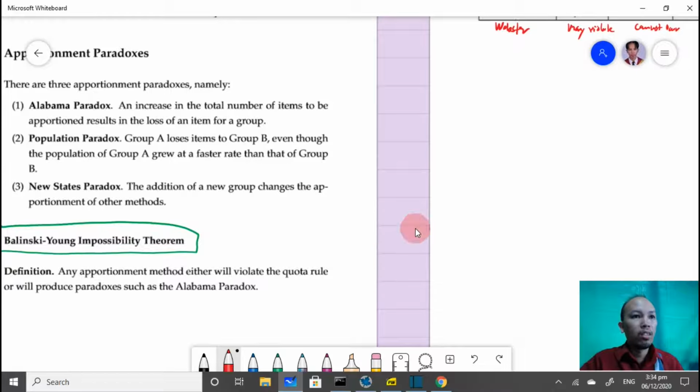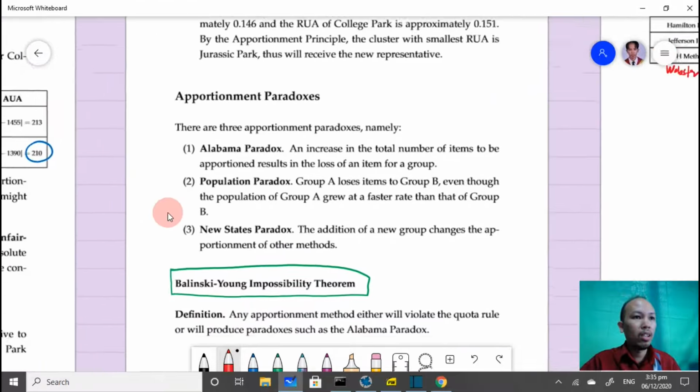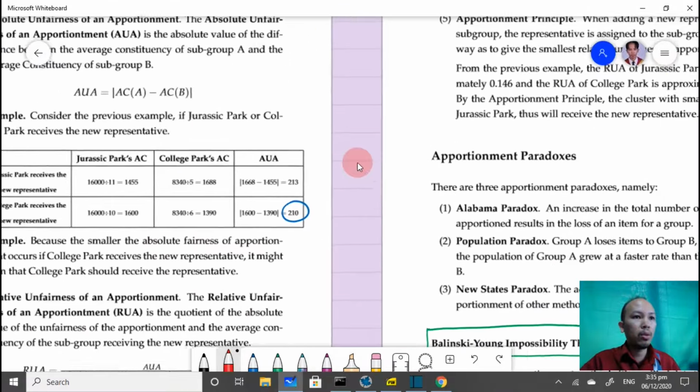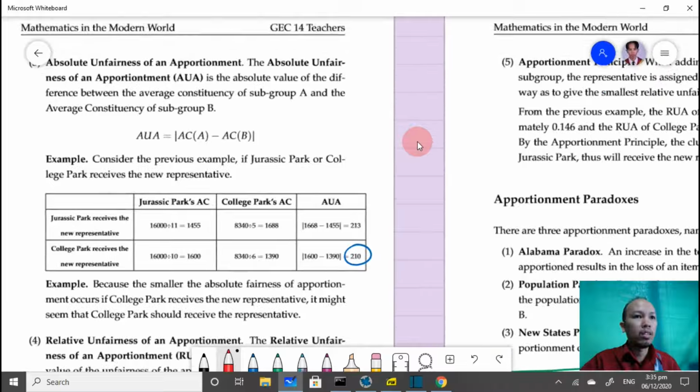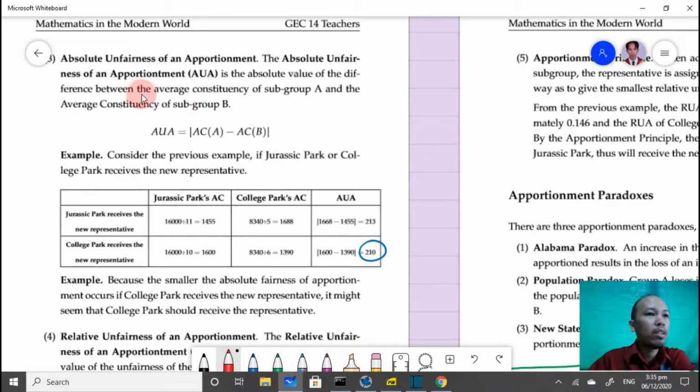Okay, so before I end and move to the second part, which is the voting, let me give you a warning here about this fairness, absolute unfairness.